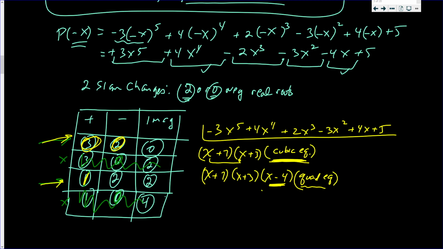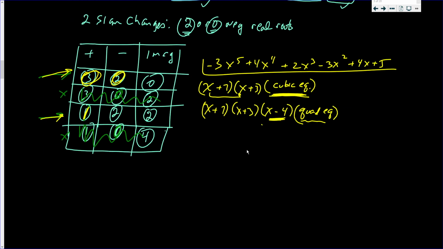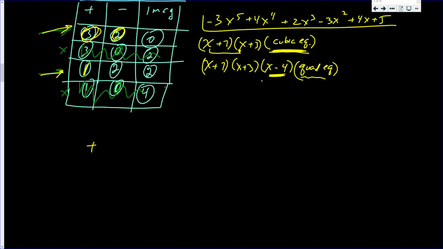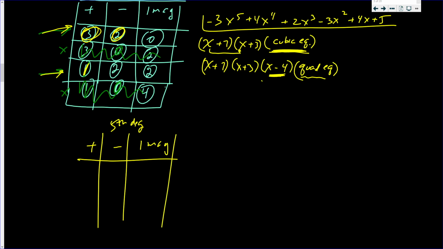Now, just want to make one comment. If the table turned out to look like this, and you have a 5th degree, say you have 3 and 0. Okay? That's all you have. 1 and 0.